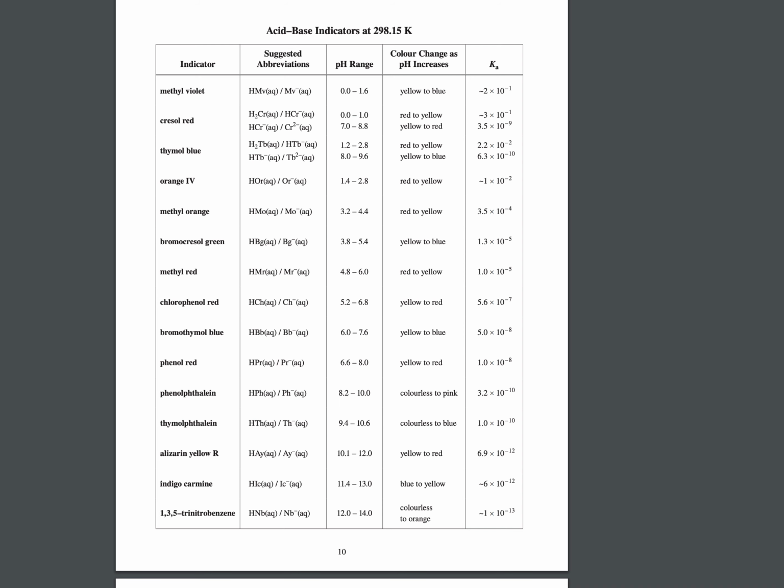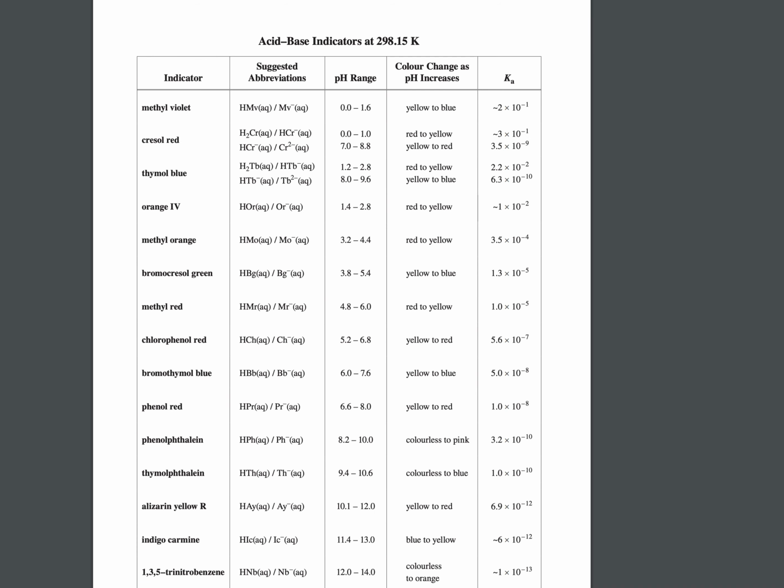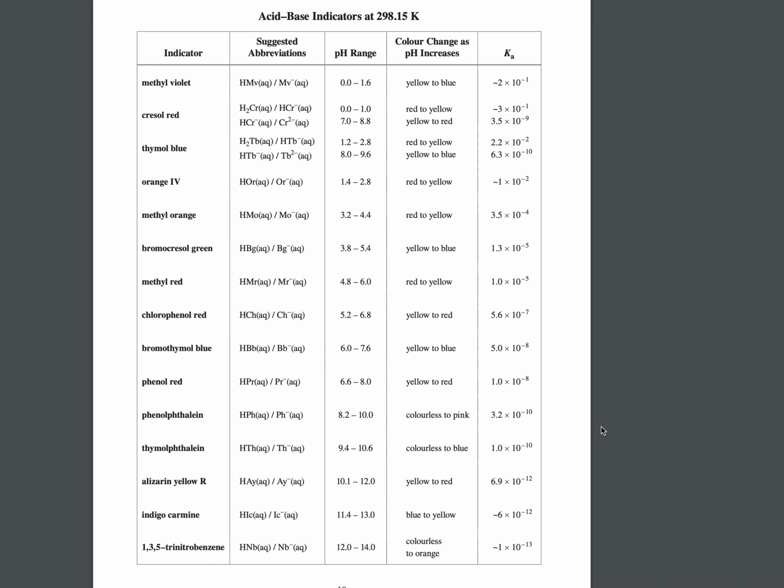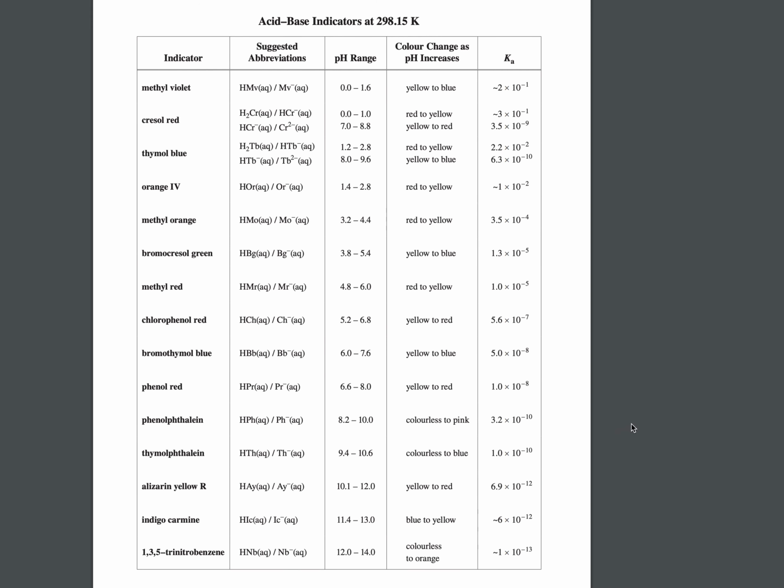So this is the acid-base indicator table that we have in our Chemistry 30 data book. This is what I mean about having two different versions of the indicator. On the left-hand side, for methyl violet up here, we see that its suggested formula is HMV and MV minus. If we look at chlorophenol red, we see it's HCH and CH minus.